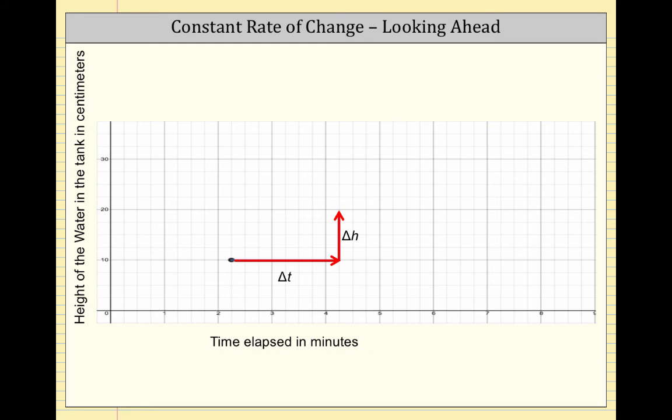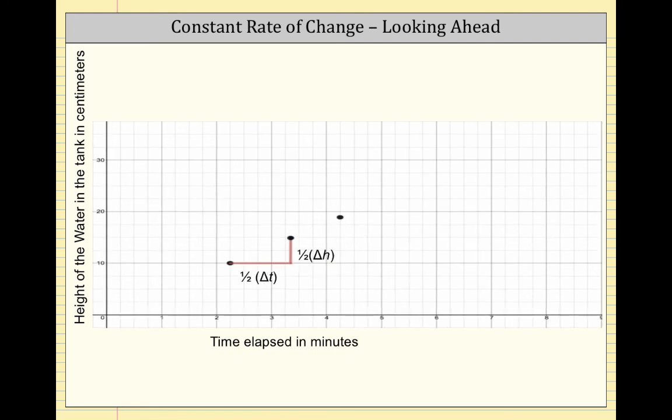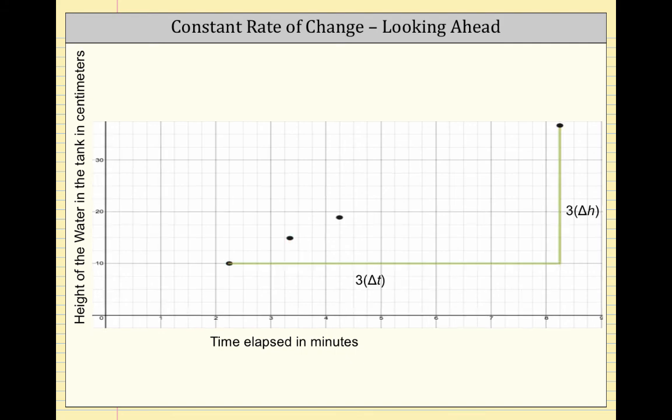So that's the change in height. Based on the fact that the quantities are proportional, using that scaling perspective, if we take half the change in time, correspondingly it's half the change in height. And we'll put a dot there as well.